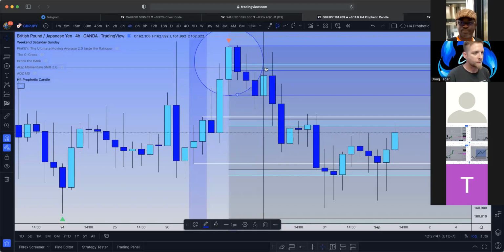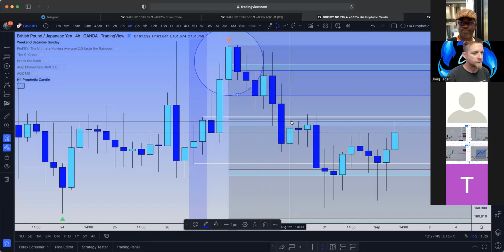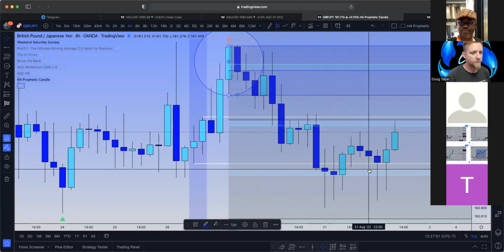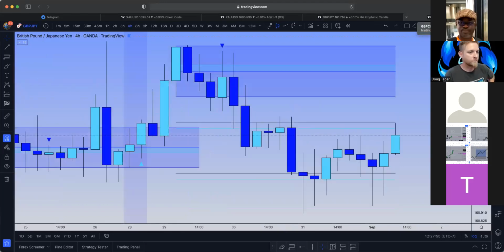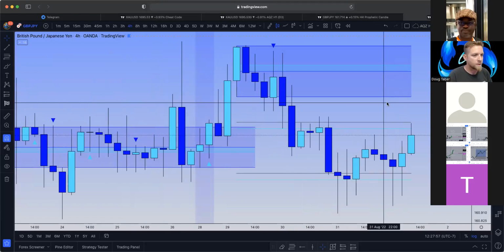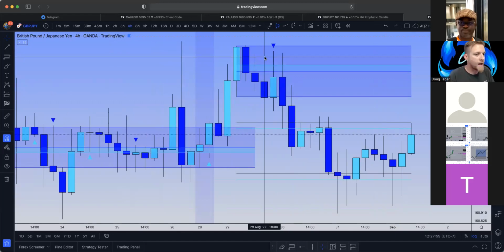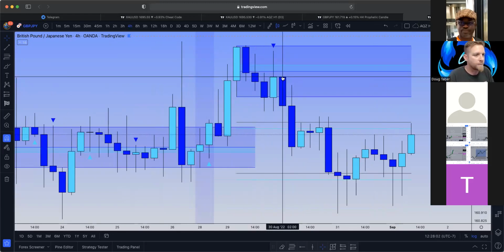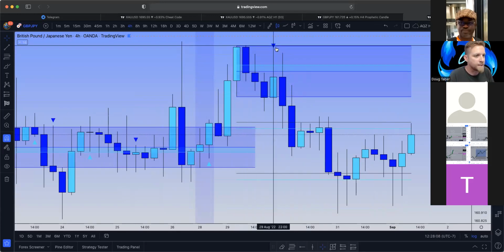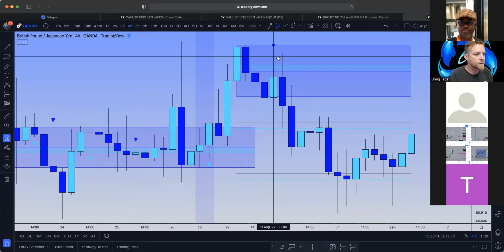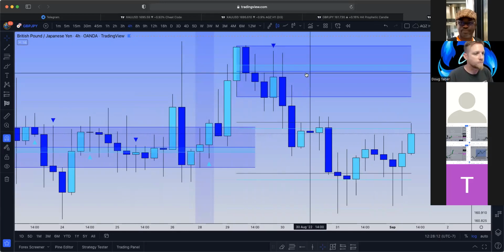Got our preferred entry, and take profit 1 and take profit 2 hit. If we go over to acquisition zones, this indicator has that fib automatically set up for you, so you don't have to do that. And then these signals trigger when price is potentially ready for you to enter.